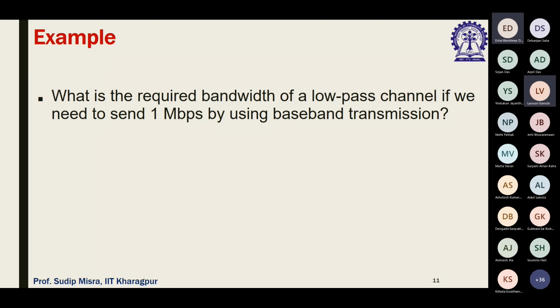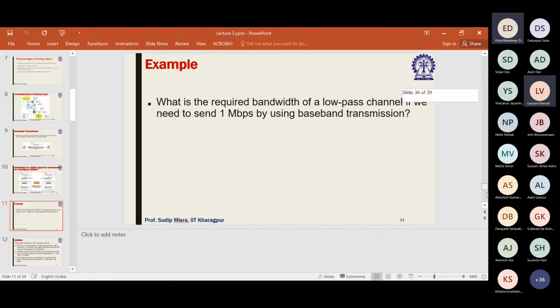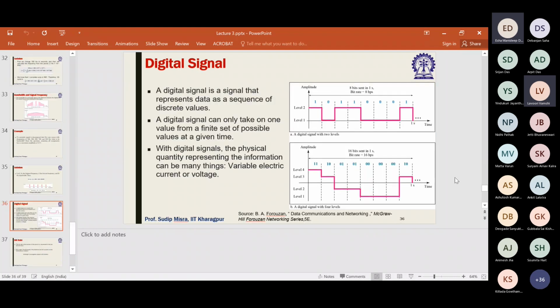For this you need to make a certain conversion, which results in an approximation, because the digital signal looks like up, down, and so on. I kept some slides for you. This is how a digital signal looks if you want to encode zeros and ones.